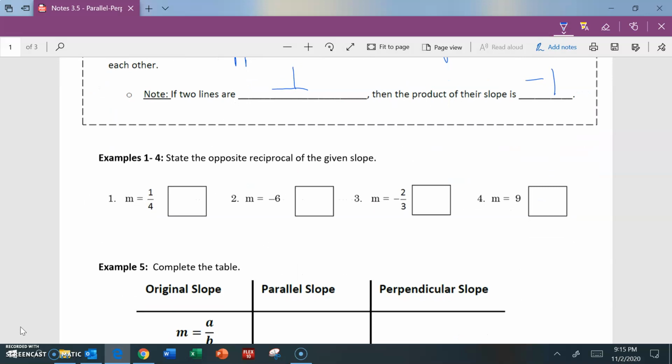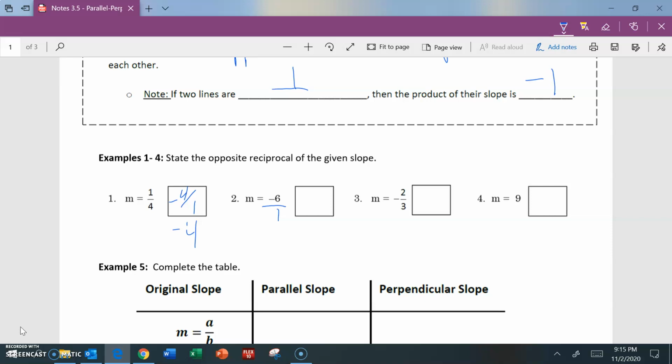If you want to do these first and then pause the video and check with mine or do them with me, so you think you're fine, but the opposite reciprocal of +1/4 would be -4/1, which is just -4. If it confuses you where you don't have a fraction, remember -6 divided by 1 is the same as -6.